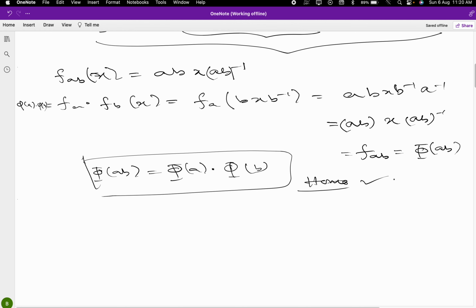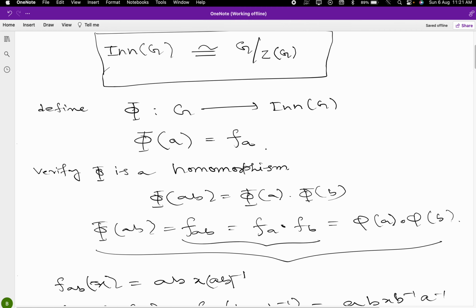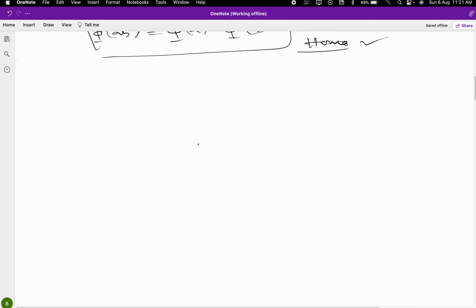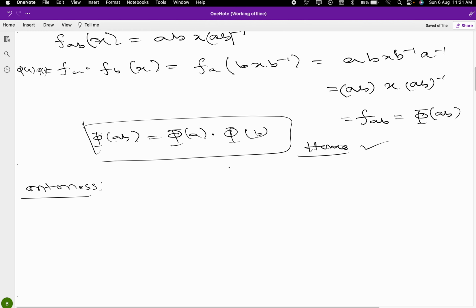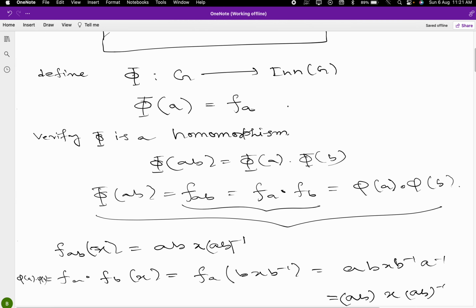Now we are left with whether it is onto or one-to-one. Check for ontoness first. I don't think I have to show ontoness, because this is trivially onto.